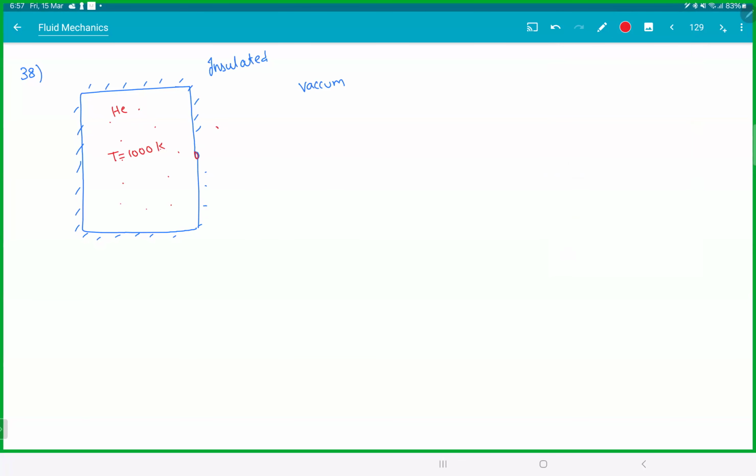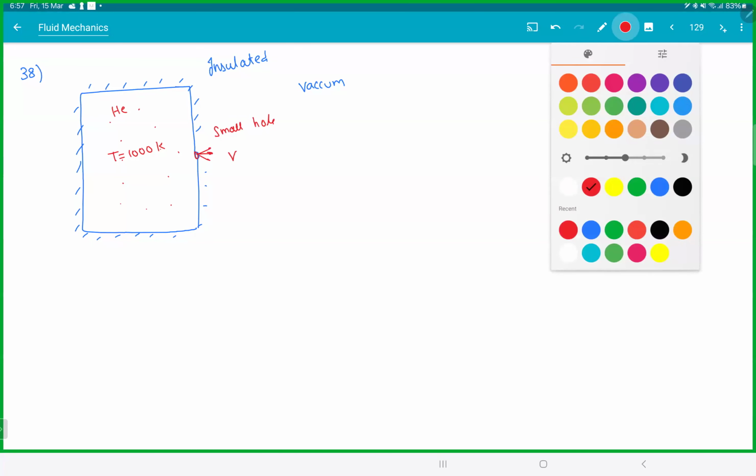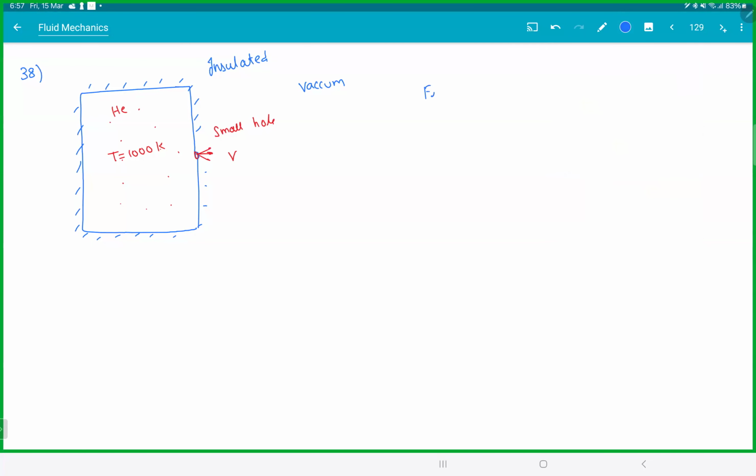Here we have a small hole. So what will happen? The helium will start escaping. Find the speed of the gas initially, meaning just after making the hole.